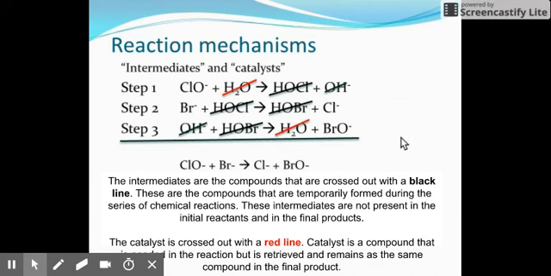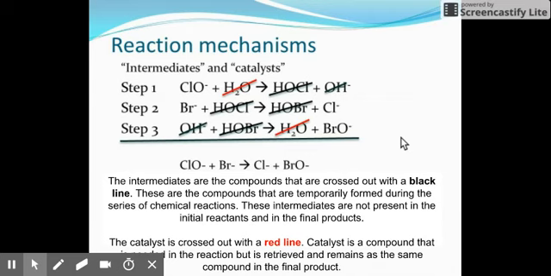The ones crossed out using the black line are actually your intermediates. These are the compounds that are temporarily formed in the series of chemical reactions, but you don't see them in the initial reactants nor in the final products. They're just tentative compounds in the series of reactions.